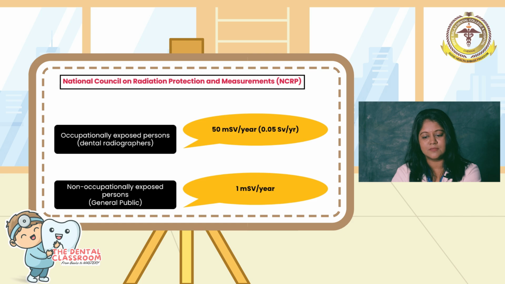So, what is the maximum permissible dose? For an occupationally exposed person like a dental radiographer, the dosage is 50 microsievert per year, whereas for a non-occupationally exposed person like the general public, it is around 1 microsievert per year. These are the recommendations given by the National Council on Radiation Protection and Measurement.